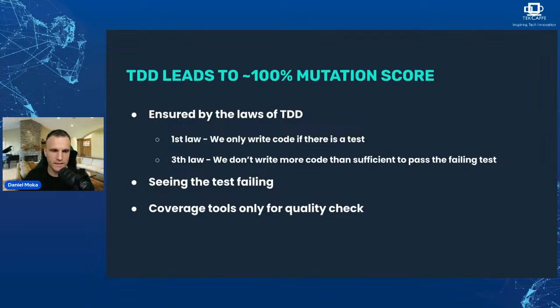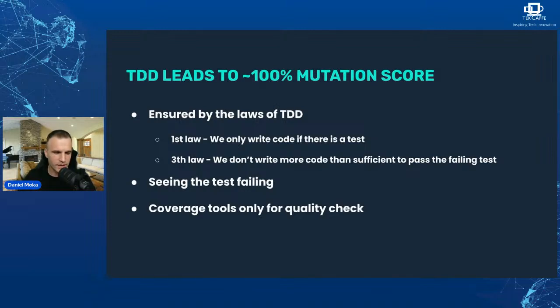And of course, seeing the test failing is another killing feature of TDD, because if you want to trust your code, you need to be able to trust your tests. And if you want to trust your tests, you need to be able to see them failing. If you never see your test failing, you don't know if your tests are actually testing the right things.